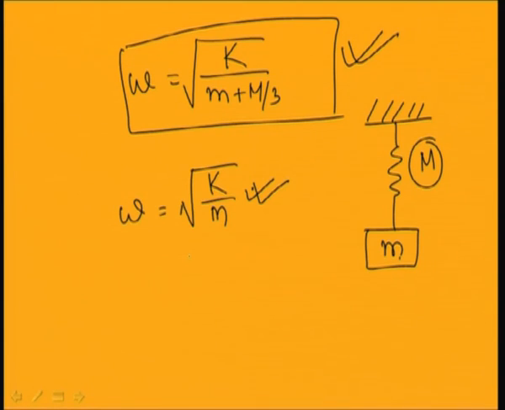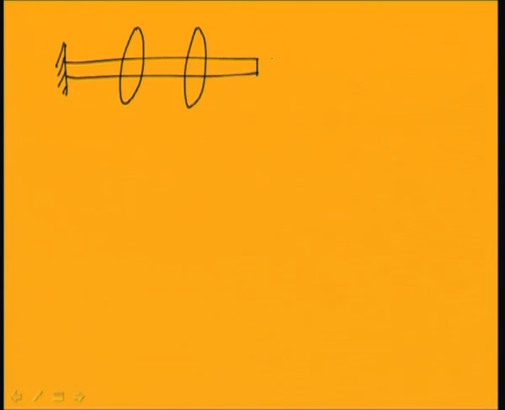Let us consider another example. In this example we will take a torsional system. Let this be a shaft, and let us consider 3 discs mounted on the shaft.